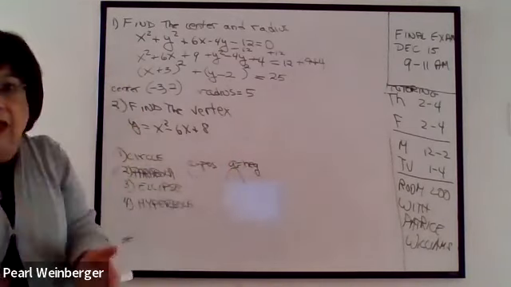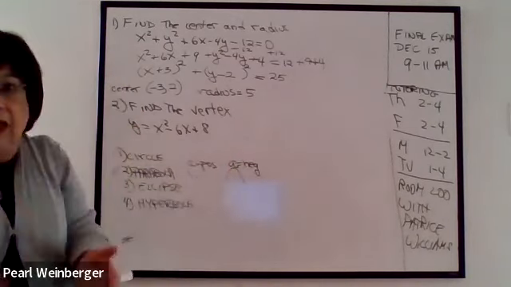Sometimes the U's are facing sideways, and sometimes they're facing up and down. They look a little bit like the shape of a parabola, but it's not the same shape. And notice with a hyperbola, you're going to have two. Each hyperbola has two branches. These two back-to-back U's are one graph.